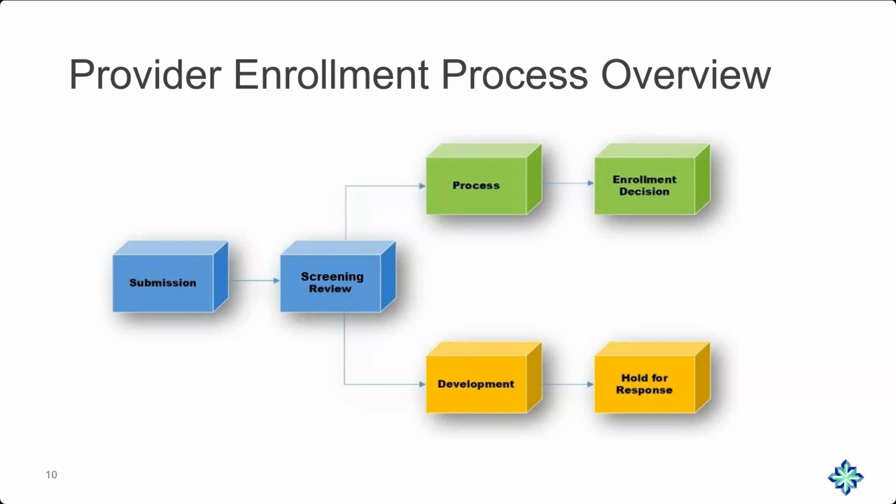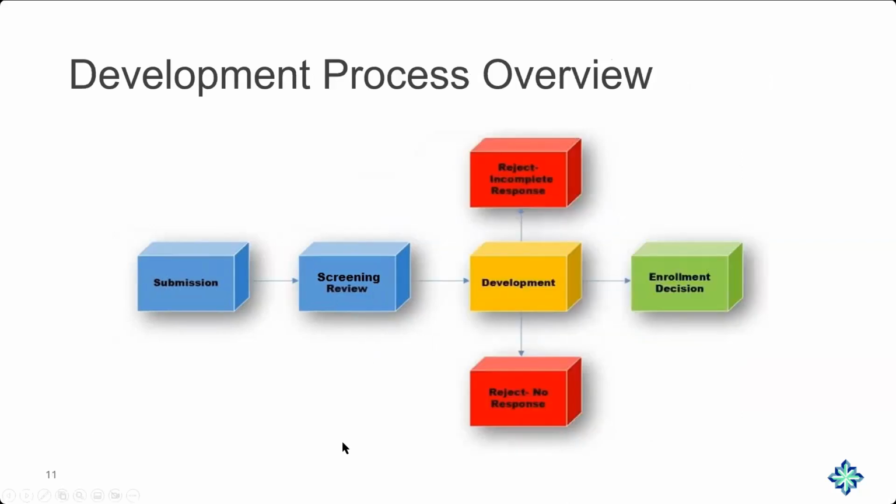So that brings us to the other outcomes that can happen. So if an application is submitted, it's screened, development is required, a notification is sent to the provider, either by email or letter, depending on what information we have available to us. That will give the provider 30 calendar days to respond.